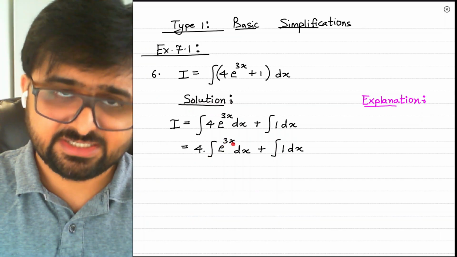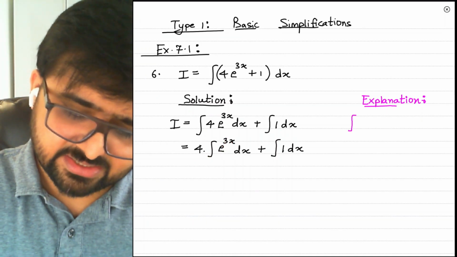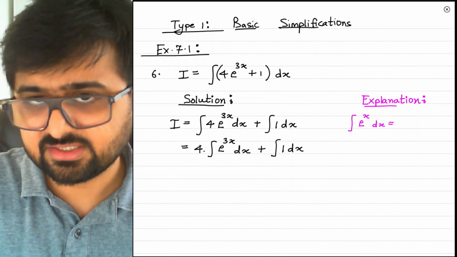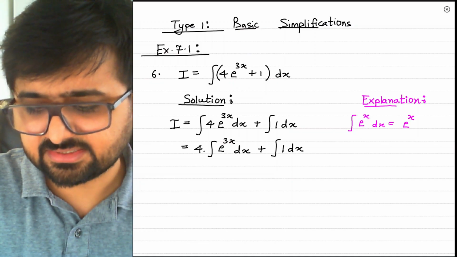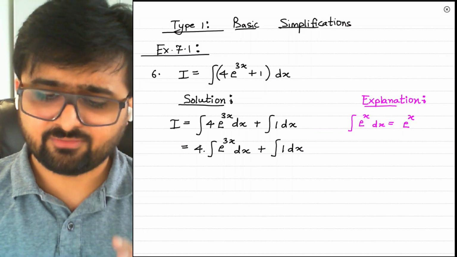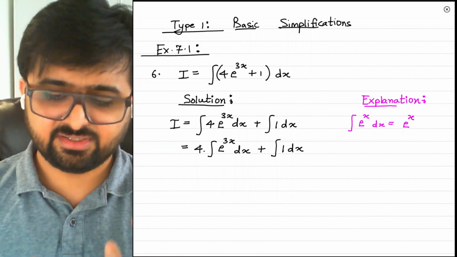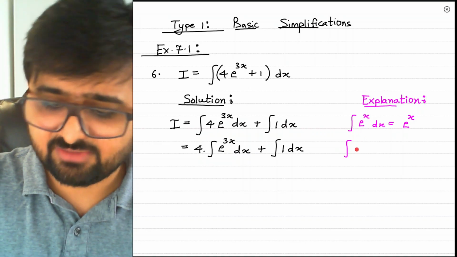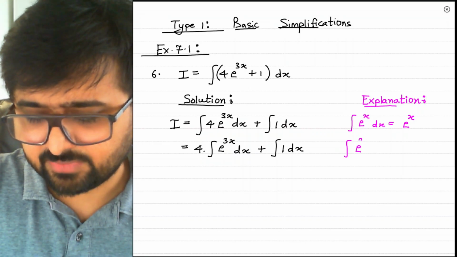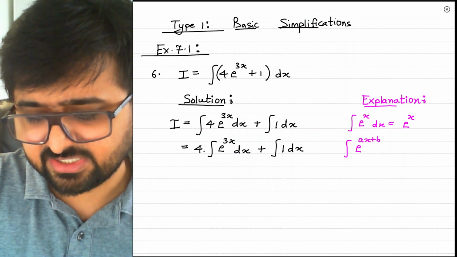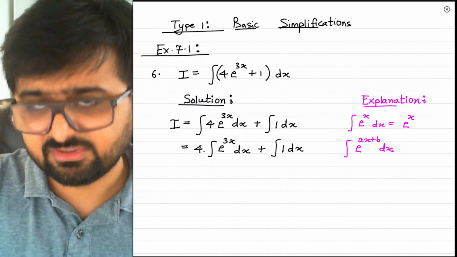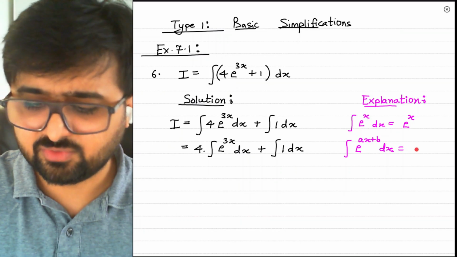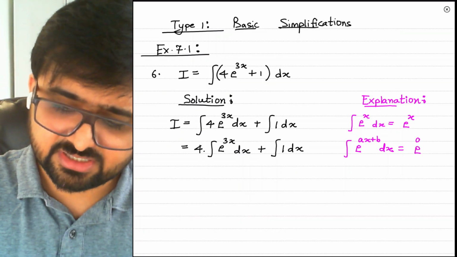Now let's look at first e to the power 3x. We know that integral of e to the power x dx is nothing but e to the power x. However, we have also studied a property of integral in the previous video that if instead of x, you have a linear term, if you have e to the power ax plus b dx, the integral would become e to the power ax plus b.